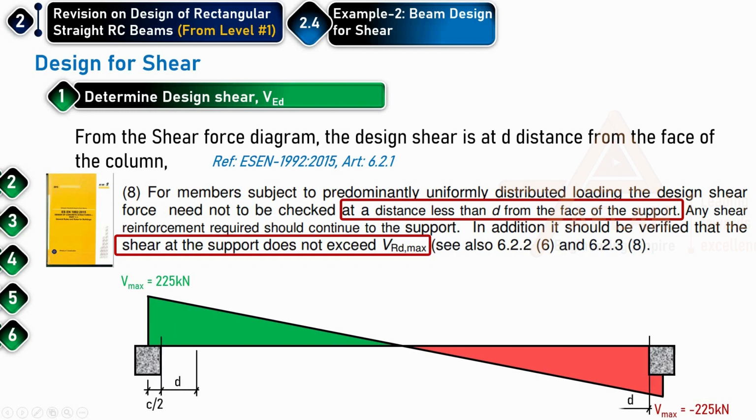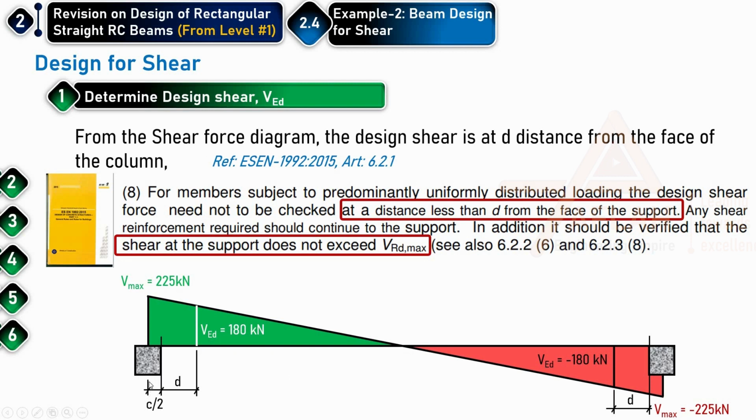Well, let's go. Now the design shear will be at a distance d, that is 180. You can calculate this with the similarity of triangles. The distance from here up to here is 3 meters because the total is 6 meters. So 225 by 3 will be equal to VED divided by the distance from here up to here, because we know here C over 2, where C is the column dimension.